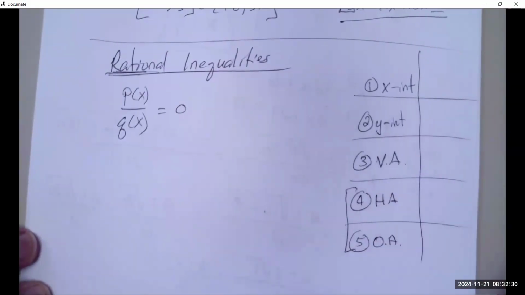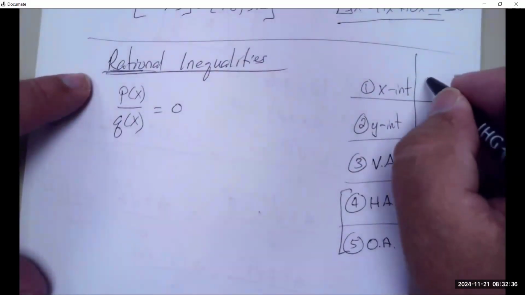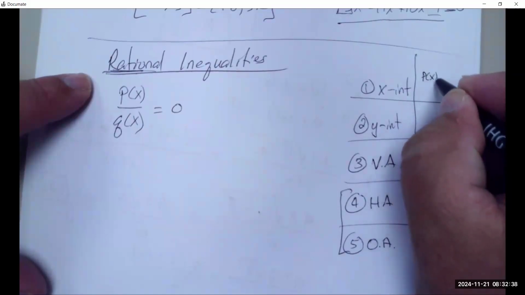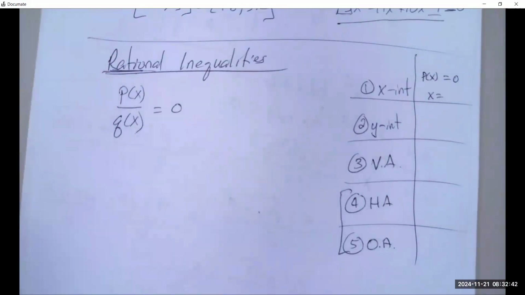So to find my x-intercept, what do I do? Set the top equation equal to 0 and solve for x. Those are the x-intercepts. In other words, for rational equations, x-intercepts are only where the top number equals 0.